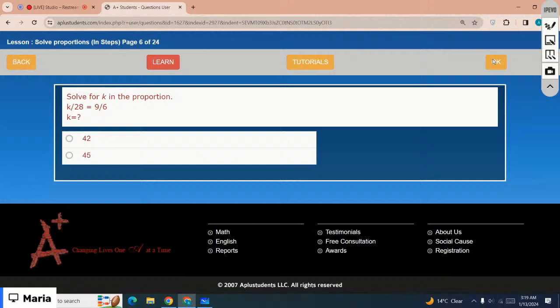Solve for K in the proportion. So, which is the correct option?